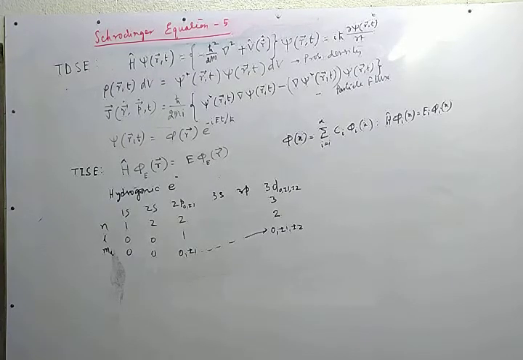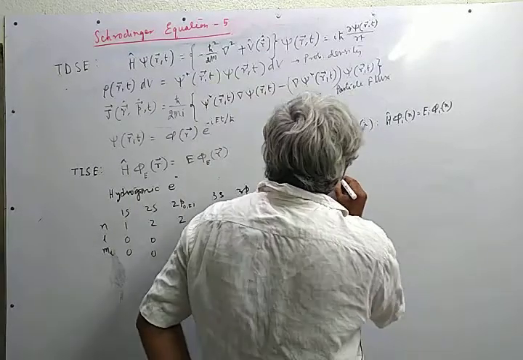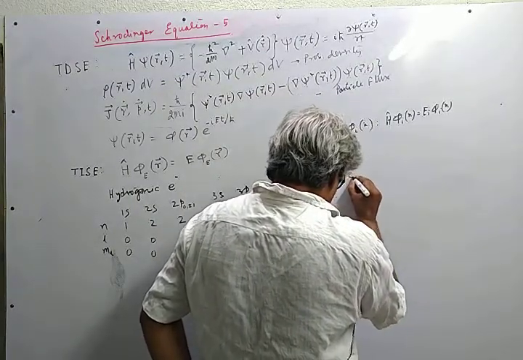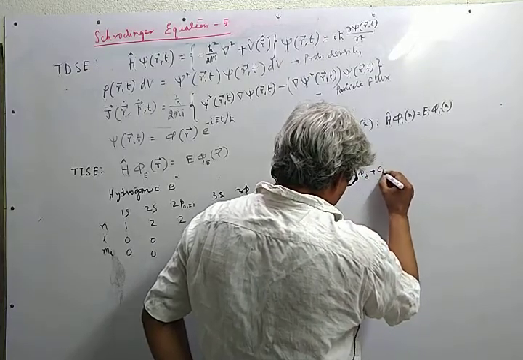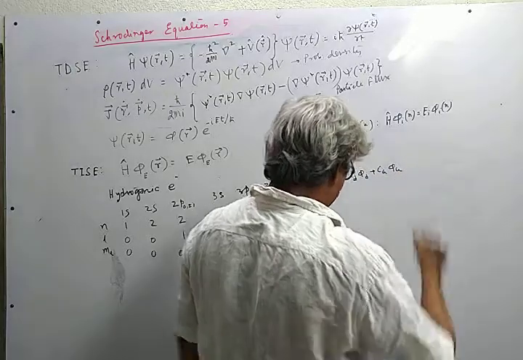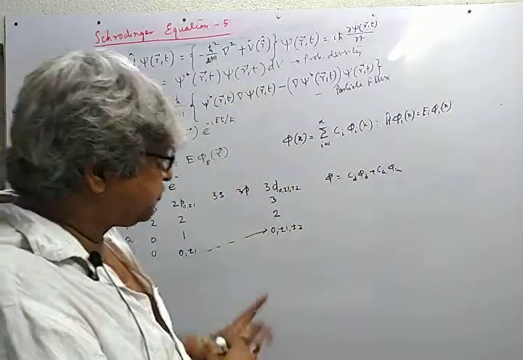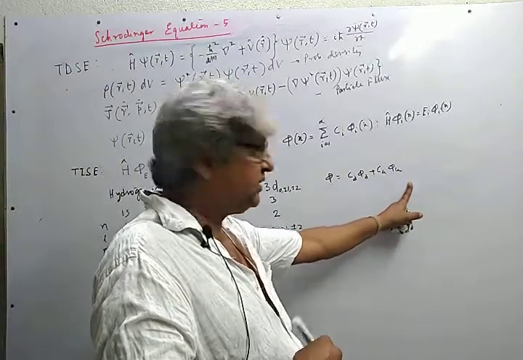Here the experiment is opening of the door and looking at the cat. So it is found that this state is the wave function of the dead cat plus the wave function of the alive cat. So it says that whenever no measurement is done, this is the superposition of states. The cat was in this state.